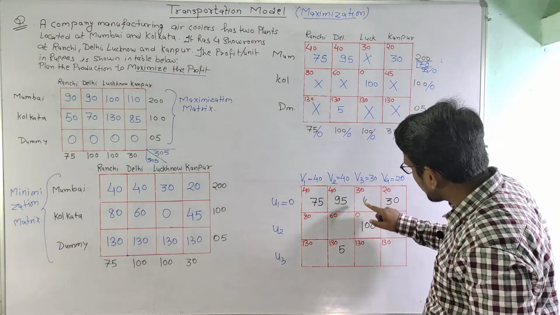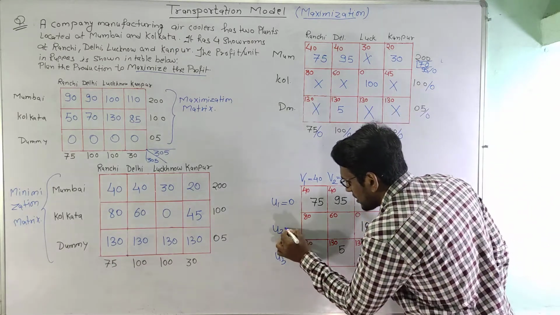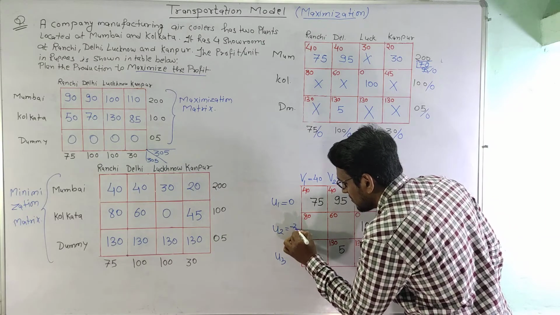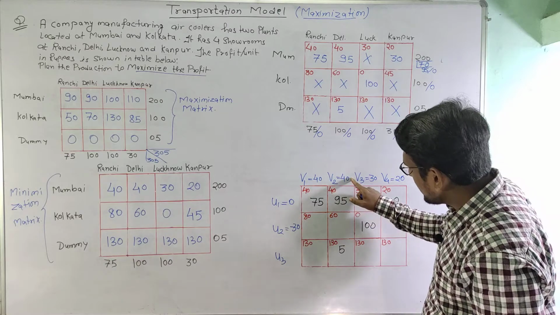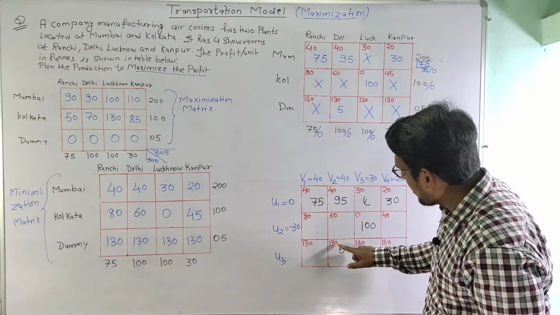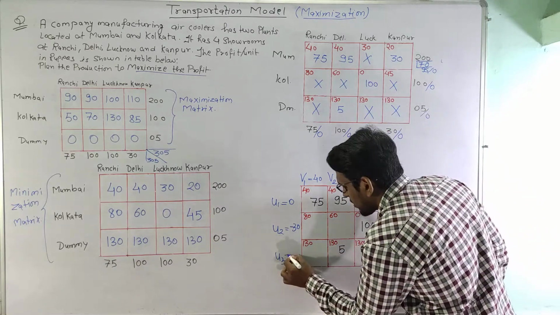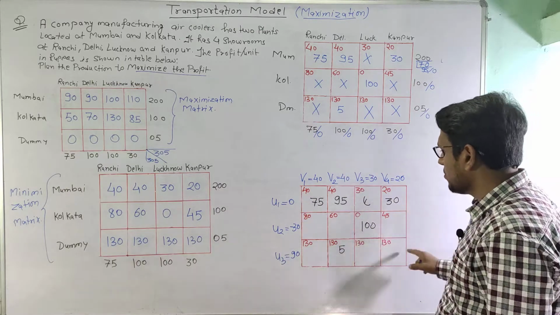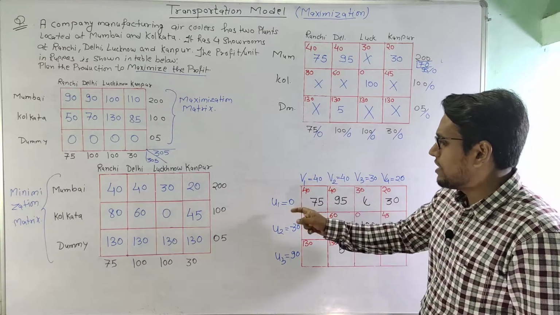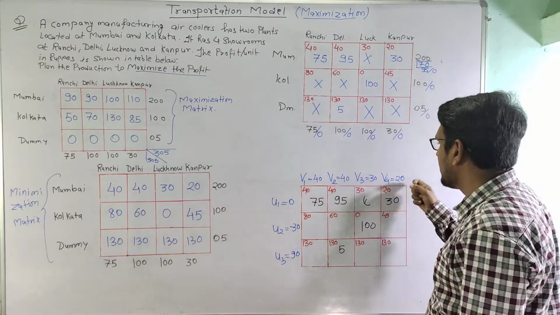Now 30 plus what equals 0, so 30 plus minus 30 will be 0, so this will be minus 30. 40 plus what equals 130, so 40 plus 90 equals 130. So we have found all the values of u's and v's.